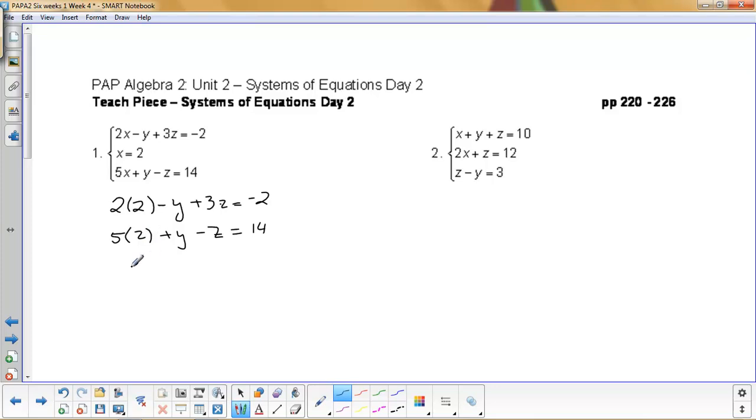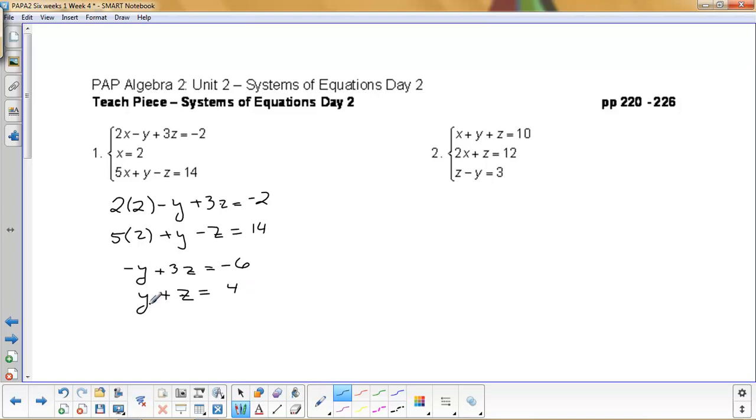So that means once you move your value over, you get negative y plus 3z equals negative 6. In the second equation, once you move your 10 over, you get y plus z equals 4.